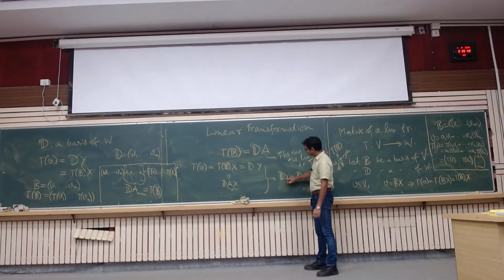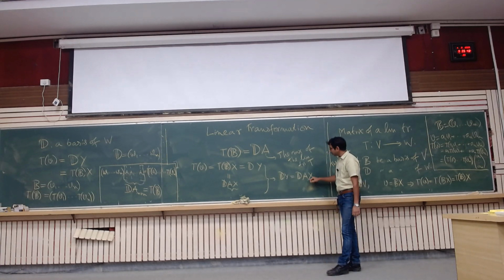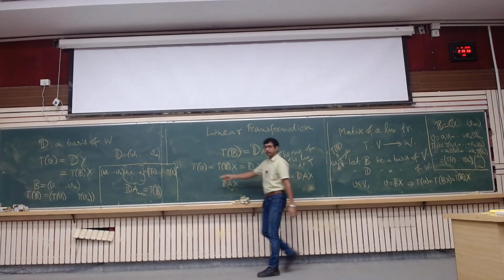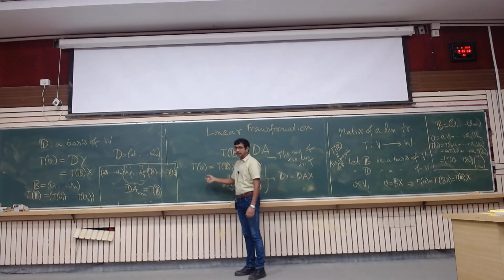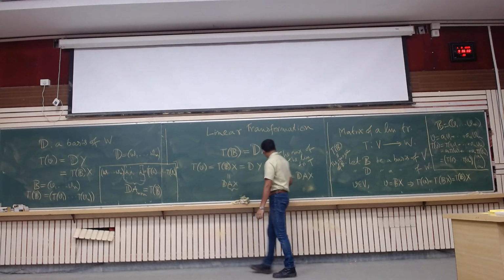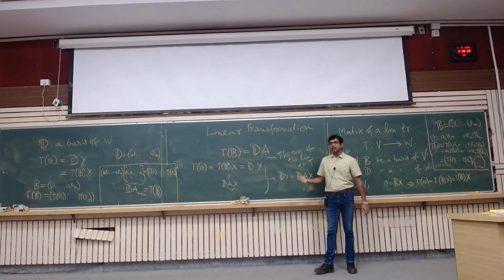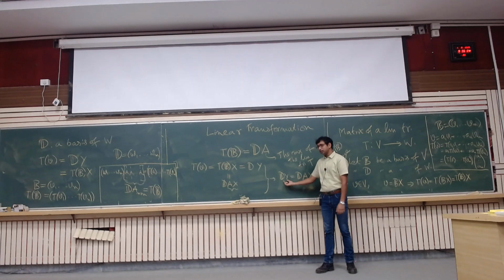A linear combination of the elements of D. D was the basis of W, right? What is this? This is also a linear combination of the basis elements of W. Now both are expressing TV, some element in W, and we know that for every element in W there exists a unique linear combination of the basis vectors which represents this.